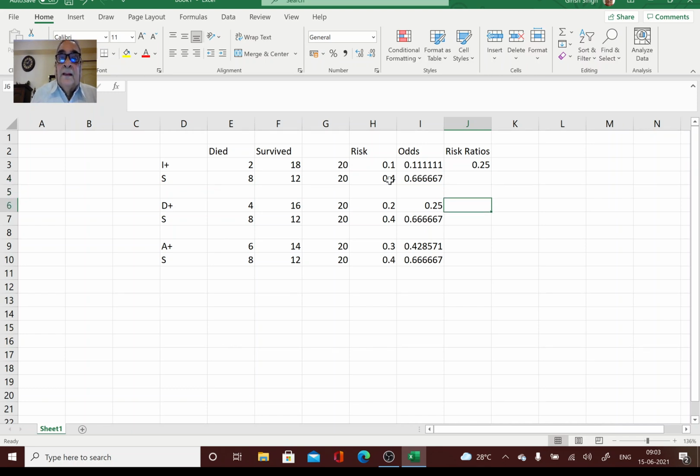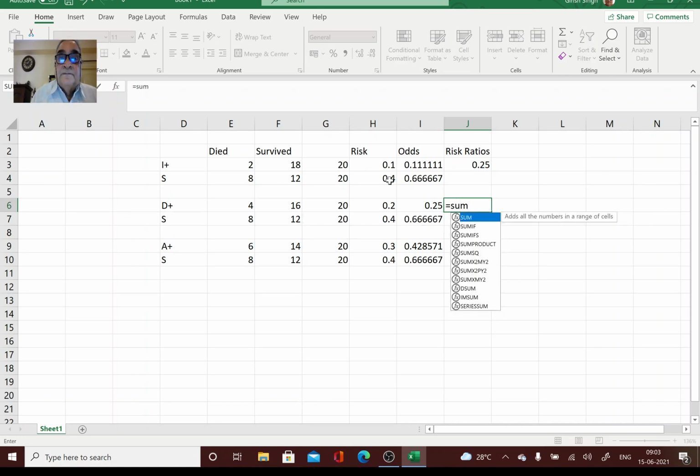Similarly, here we say is equal to sum bracket open, that means risk in the doxycycline plus group upon risk in the baseline group.